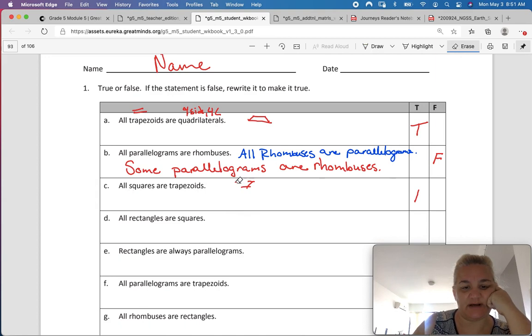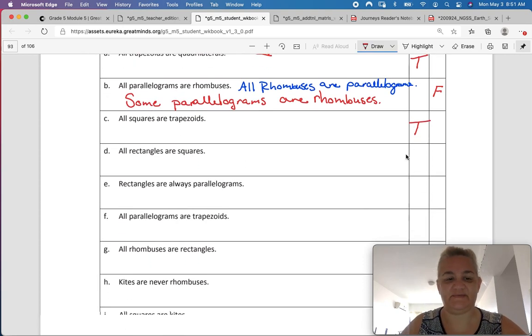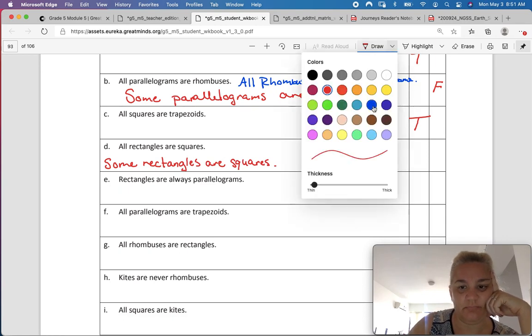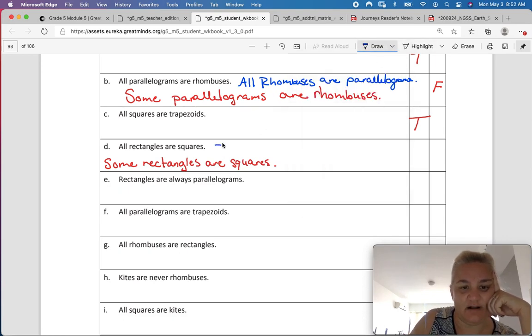All rectangles are squares. Now you may recall this from a video a few days ago where I said not all rectangles are squares, but all squares are rectangles. So here we could either say some rectangles are squares, or we could flip it completely and say all squares are rectangles.